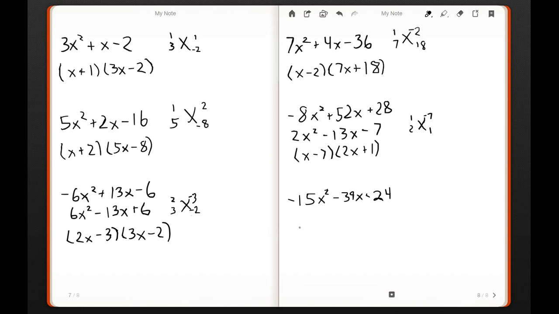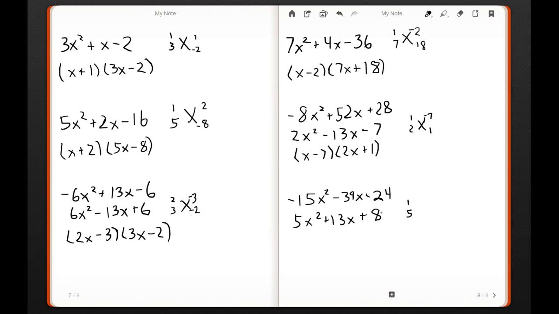So we're going to divide by negative 3. And look at that. Hallelujah. Since they were all negatives, now they're all positives when we divide by a negative number. This problem is going to be easy. Factors of 5 are 1 and 5.